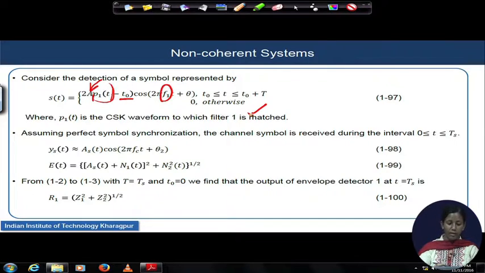Following the last expressions that we derived for the matched filter based dispersing process, we understand that Y_S(t) can be approximated as A_S(t) cos(2 pi F_C t plus theta 2). This is the matched filter output, and the envelope detector output, going by the expressions that we derived in the last module, will end up as A_S(t) plus N1(t) squared plus N2 squared(t).